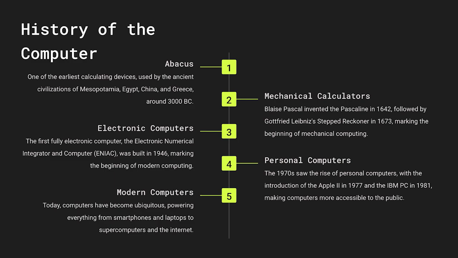Those came around in the mid to late 1600s and began the concept of computing. Then our first electronic computers came about, starting in the 1940s around World War II. These used vacuum tubes, so they were really big and really slow.